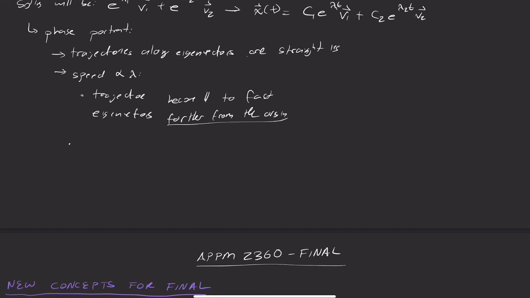Trajectories that become tangent closer to the origin are caused by slow eigenvectors.